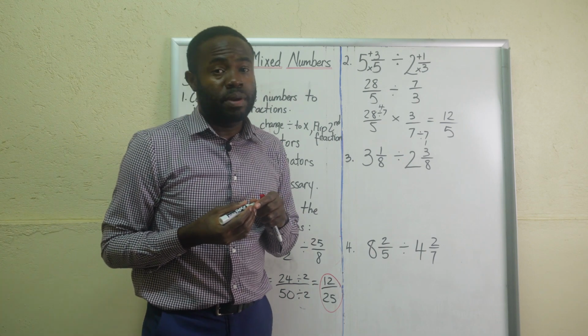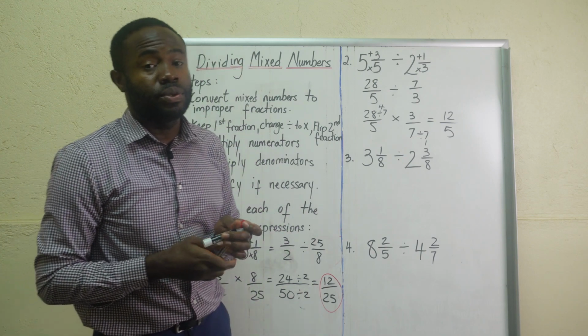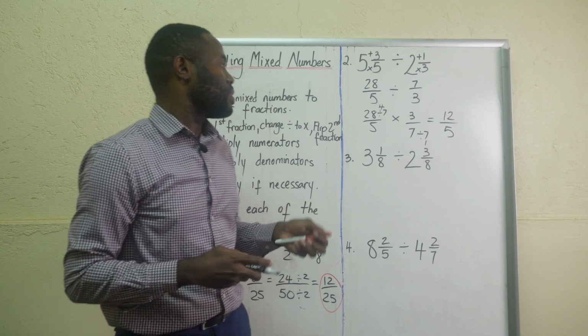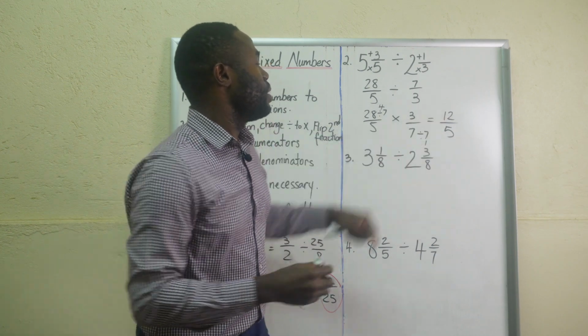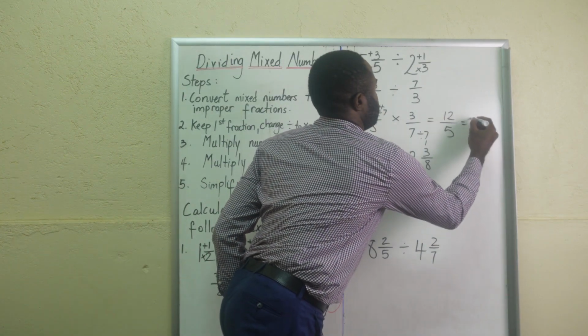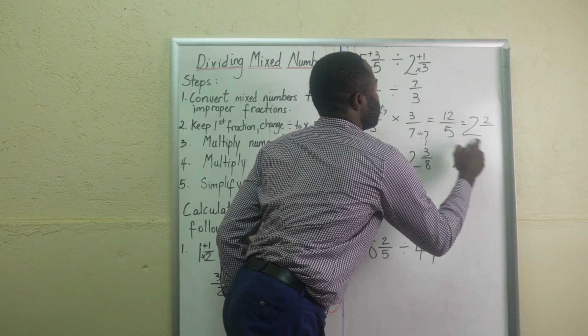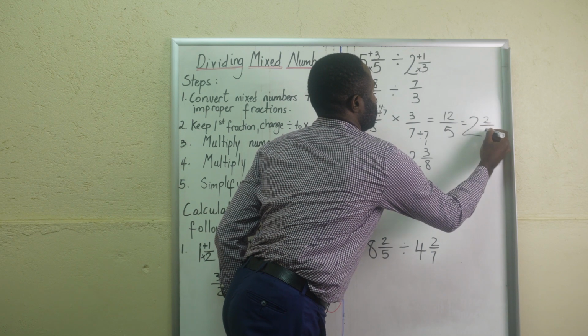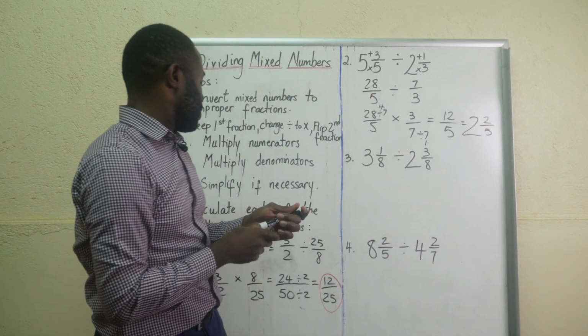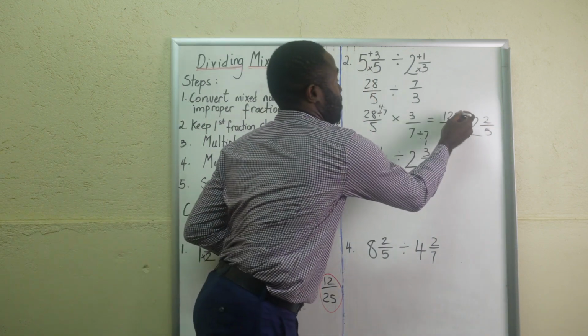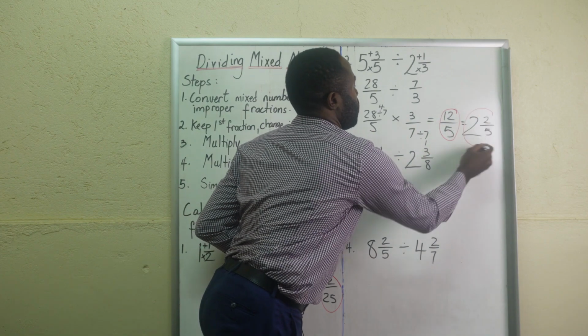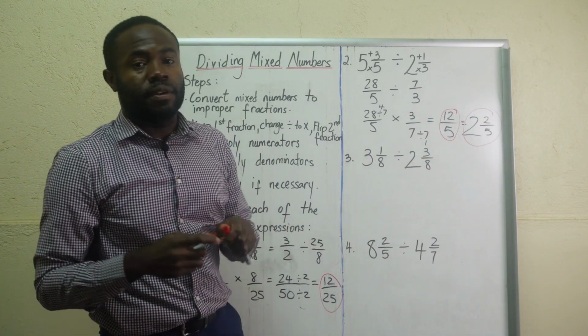Remember now that improper fractions can be converted to mixed numbers. So let's divide. So 5 into 12, that goes 2 times, and then that will leave us with a remainder of 2, and then you put back the denominator of 5. So our final answer here can be expressed as 12 over 5 or as 2 and 2/5.